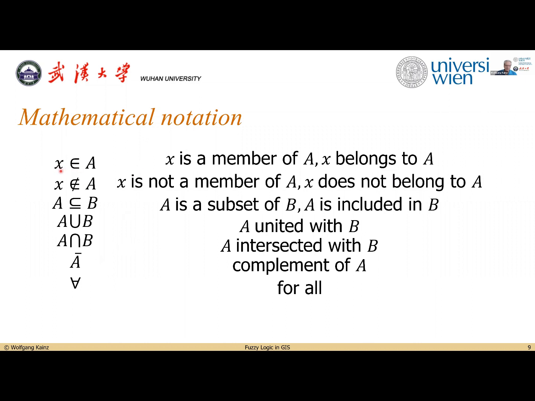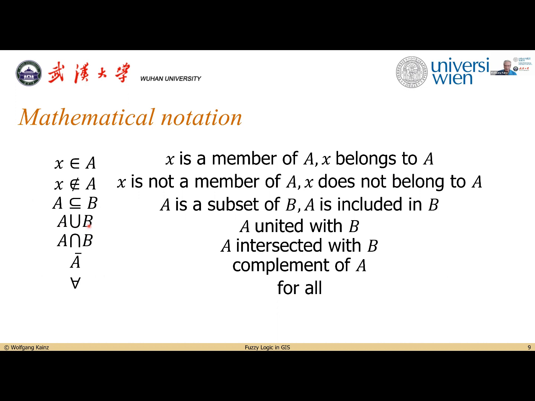Well, if an element is a member of a set, we write it like this, meaning X is a member of set A, or it belongs to A. If it does not belong to the set, we use that symbol. A is a subset of B, or A is included in B, is used for that with that symbol.